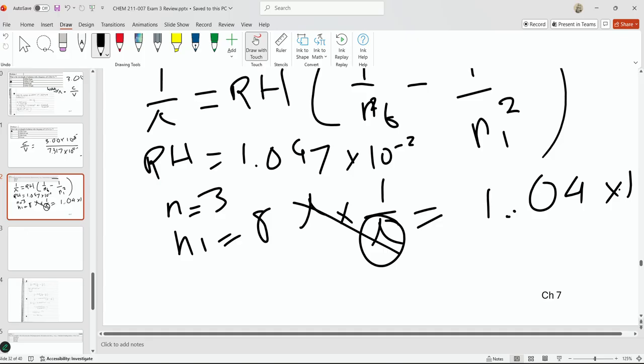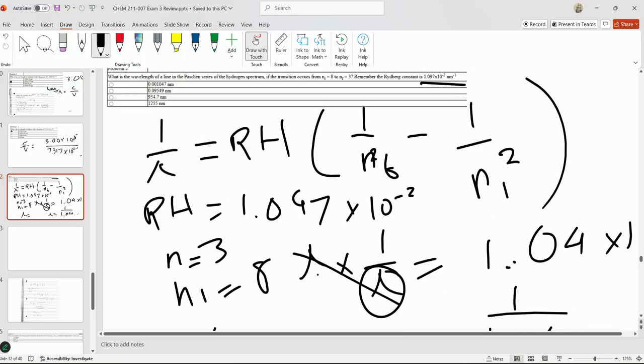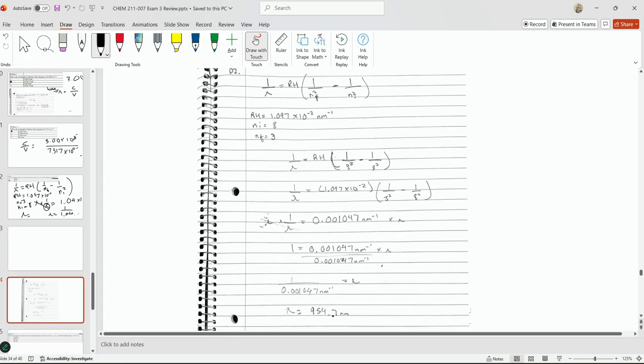So the constant is equal to 1 divided by 1.04, whatever, right? And what is the final answer? I got 955. In my solution, I also had 954.7, right? Same thing.